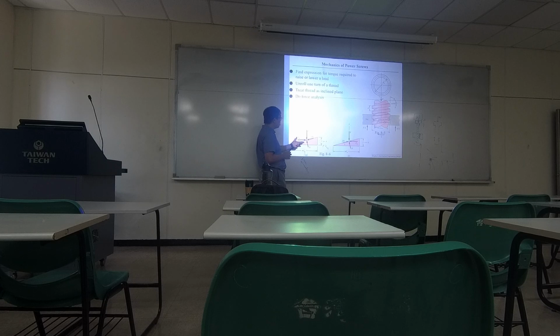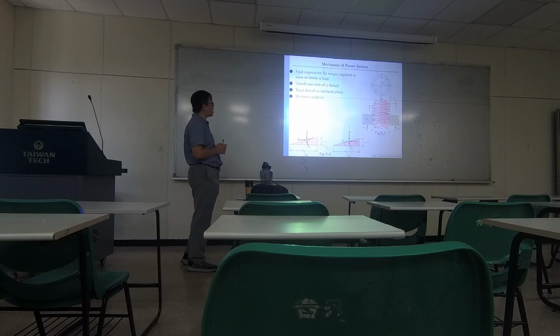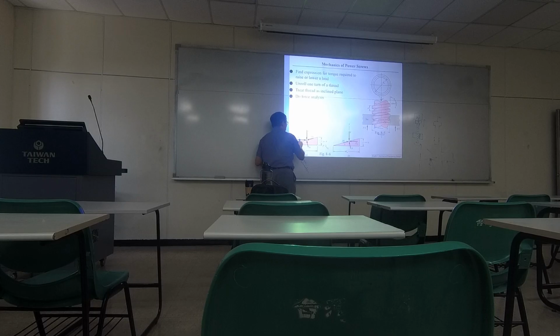First of all, you will have some normal force and a friction force. Now you need to figure out why the friction force sometimes goes downward and sometimes upward. It depends on whether you are trying to lift the object or drop the object.